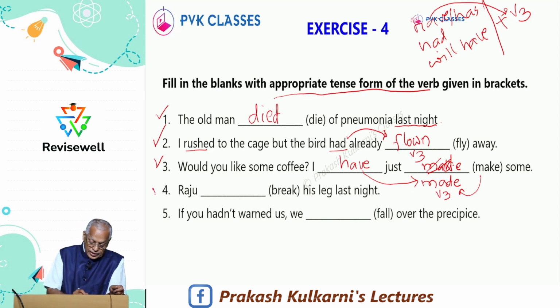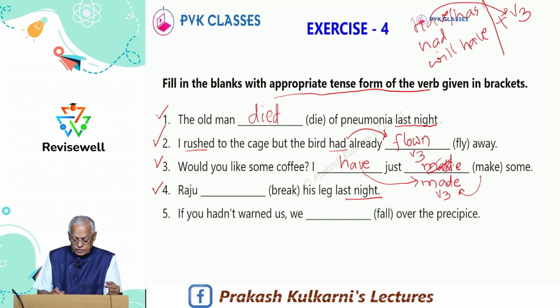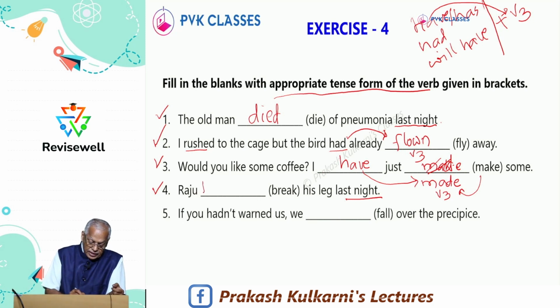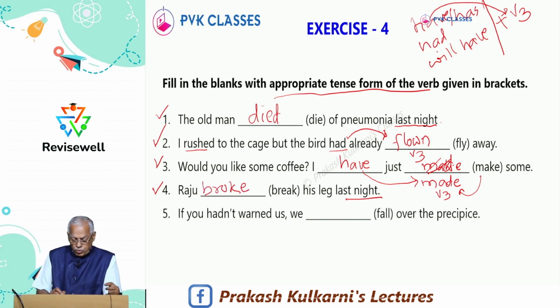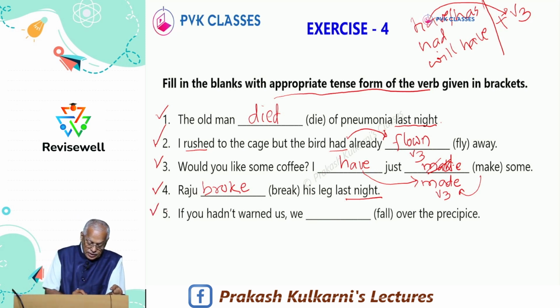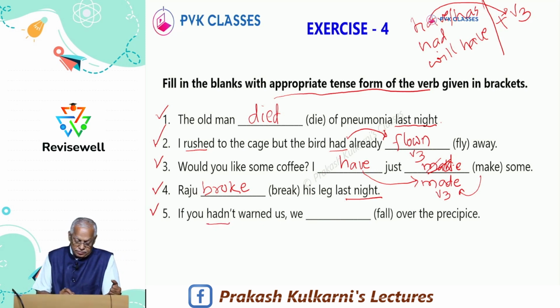Coming to fourth sentence, Raju dash break his leg last night. Look, last night indicates past tense. Finished action. Break, broke. Past tense. So Raju broke his leg last night. And coming to fifth sentence, if you hadn't warned us, look, hadn't warned, had is a past tense.